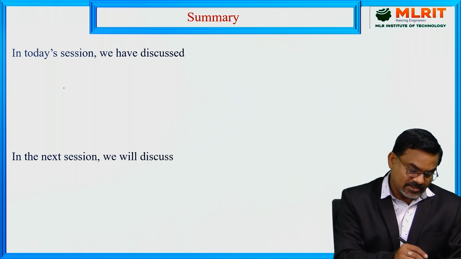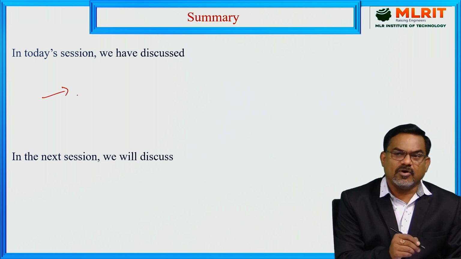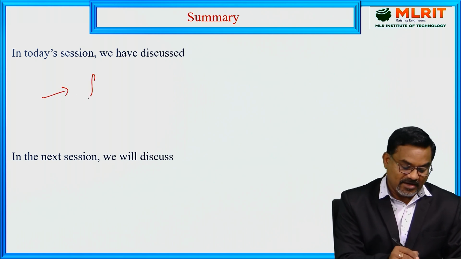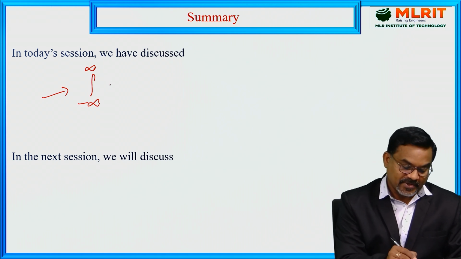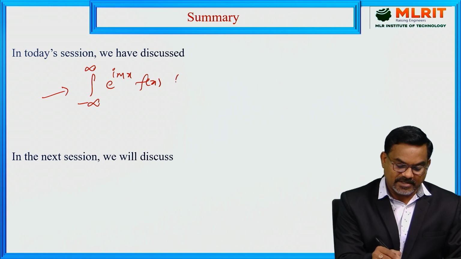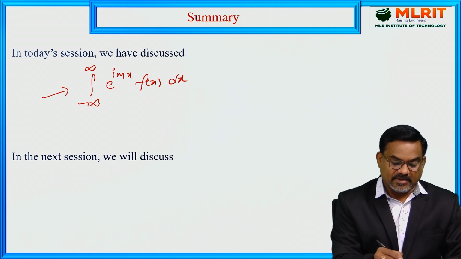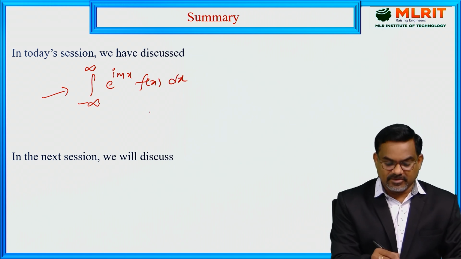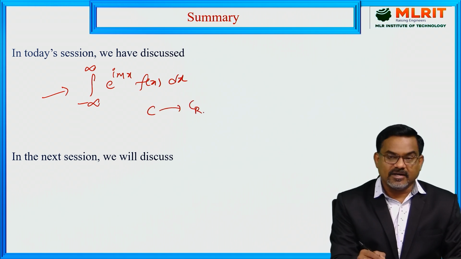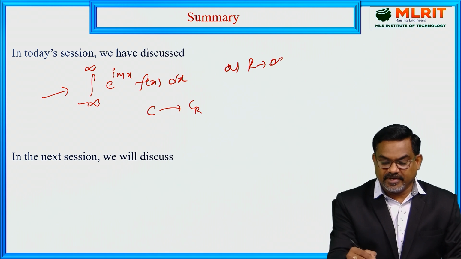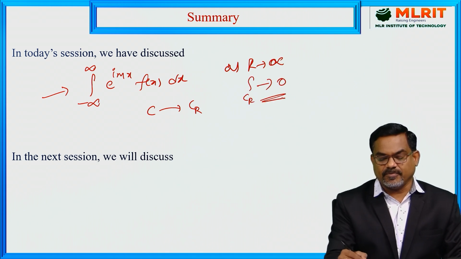So in today's session we have discussed a method of evaluating an integral of the form minus infinity to plus infinity e power imx into f of x dx. Here we introduce a curve having a semicircle, and as R tends to infinity, the line integral along CR also tends to 0.